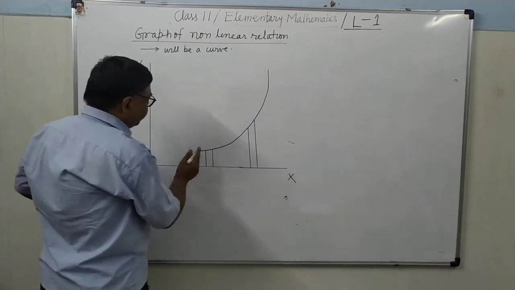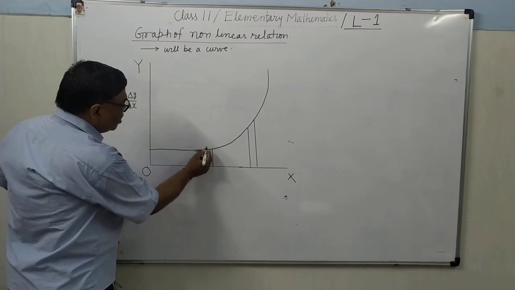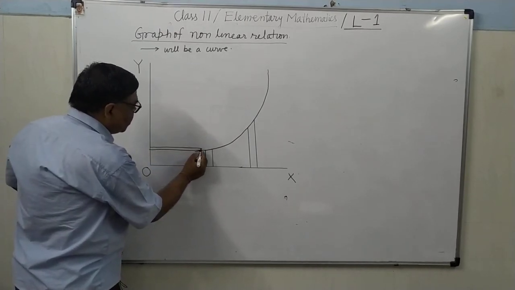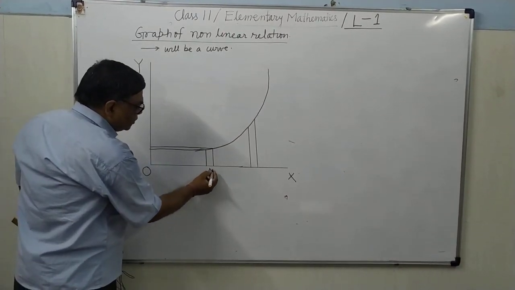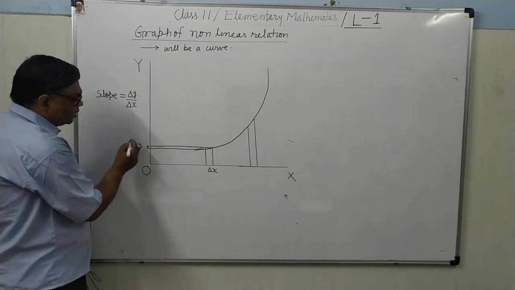Now you can see here, when delta x is this much, what is delta y? This. Delta y is this.